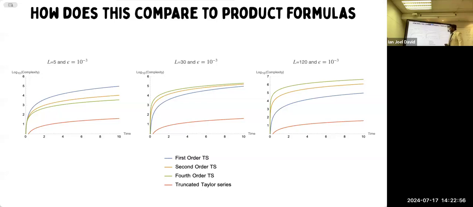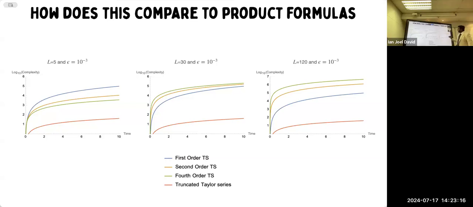But what happens here? The truncated Taylor series, because it doesn't depend on the system size, because of course I said that the norm of the Hamiltonian is fixed, you can remove it. It doesn't have a direct dependence on the system size. What ends up happening is that the complexity only scales with precision.